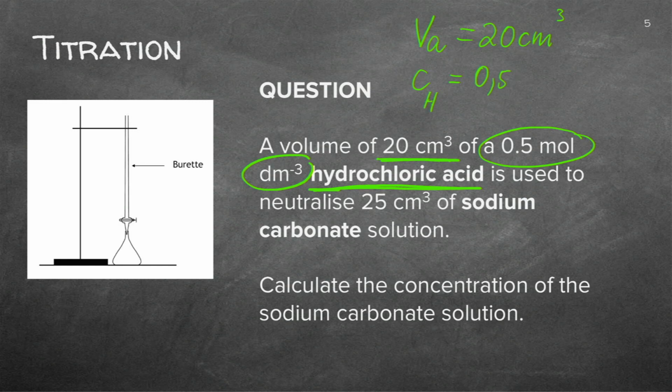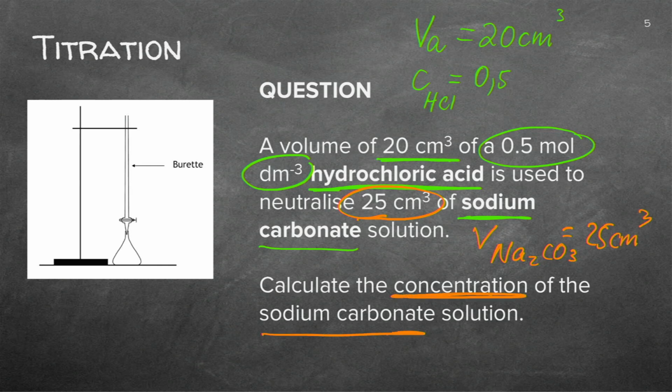So I've got my hydrochloric acid's concentration, I've got the volume. I neutralize sodium carbonate. Now, sodium carbonate, I only know the volume. So the volume of the sodium carbonate is 25 cubic centimeters. And the question is, calculate the concentration of the sodium carbonate.